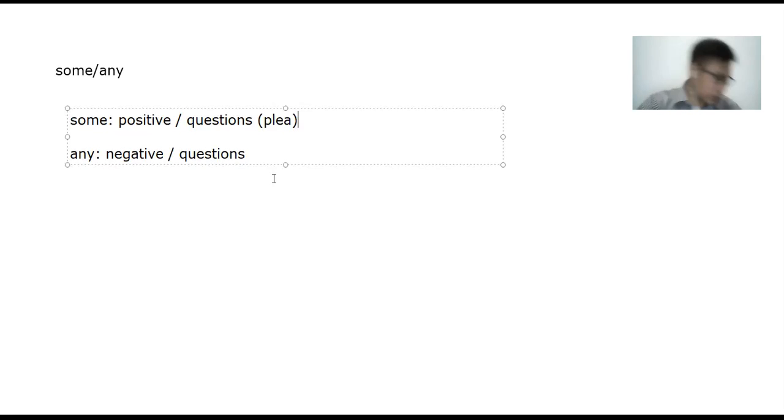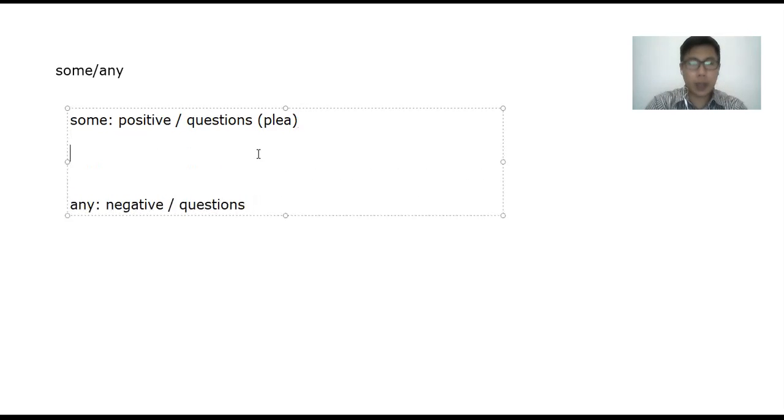So yeah, we will focus on this. Let's say, for example, first, for some, there is some cheese. We're using is because we cannot count it.